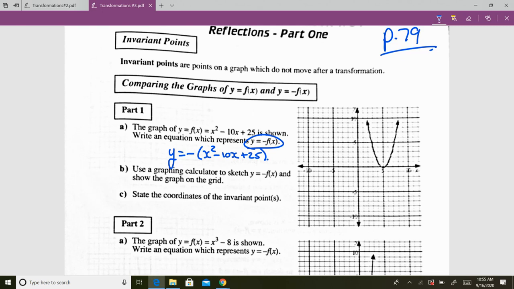What does a negative do for a parabola? Causes it to open down, flip upside down. So the graph basically just flips upside down like that. Okay, you've seen that in Math 11. You've seen it in this class. Just causes the parabola to open down.